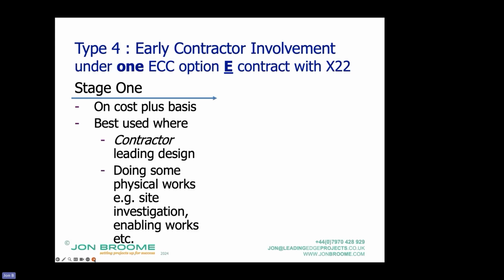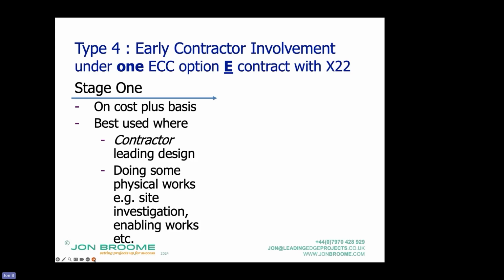So type 4 is early contractor involvement with an option E contract. It's again with X22, so the standard clauses allow for it. And stage 1 is again done on a cost plus basis, all right?